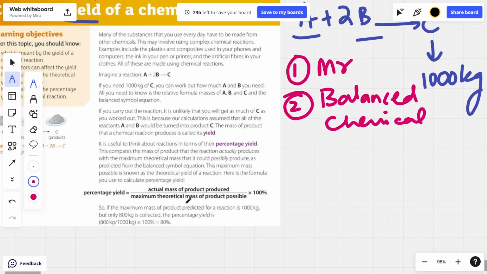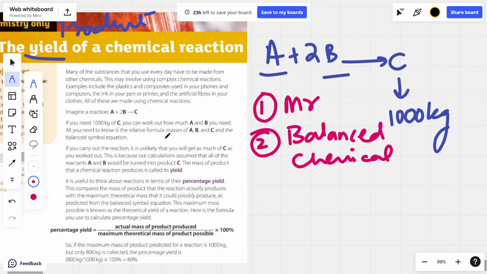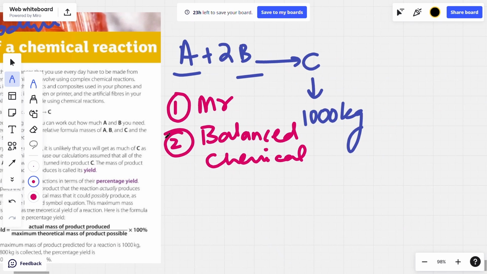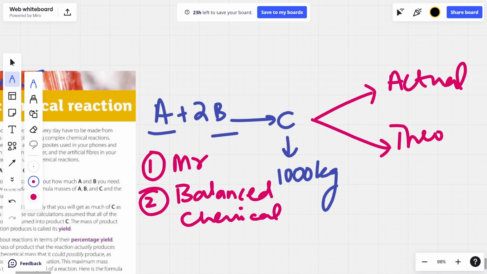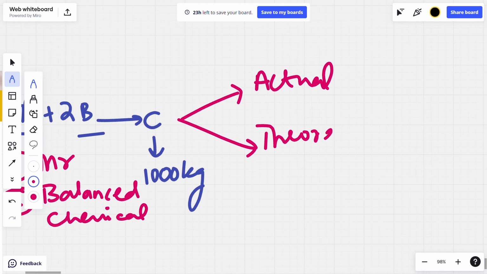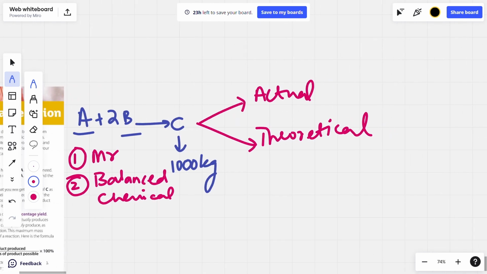So if you carry out the reaction, it is unlikely that you will get as much of the product as you worked out. So here we know that there are two types of yield: the actual yield and the theoretical yield.